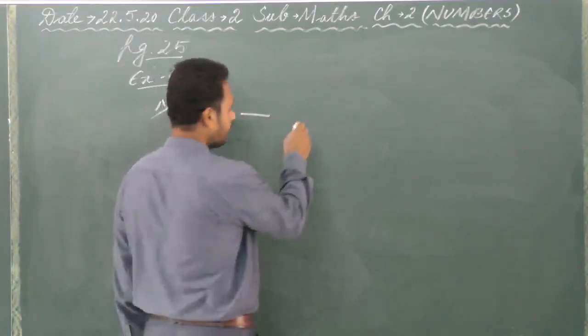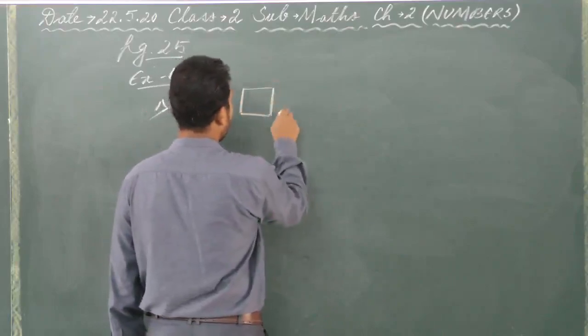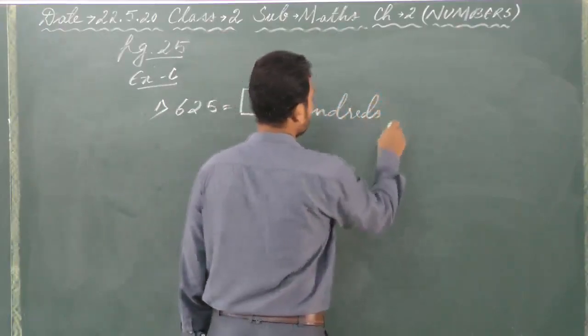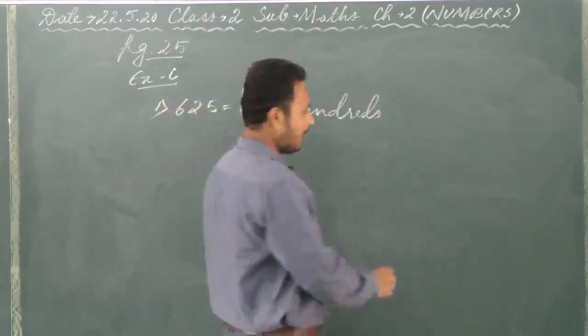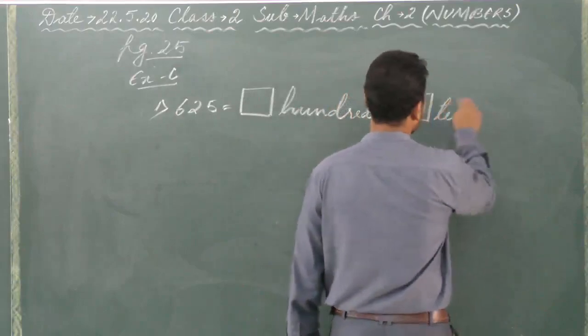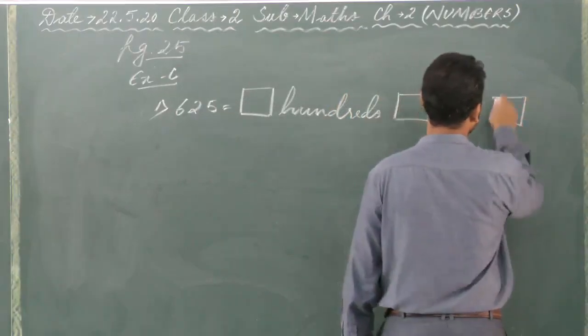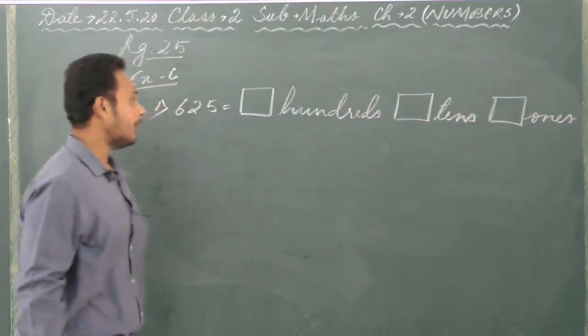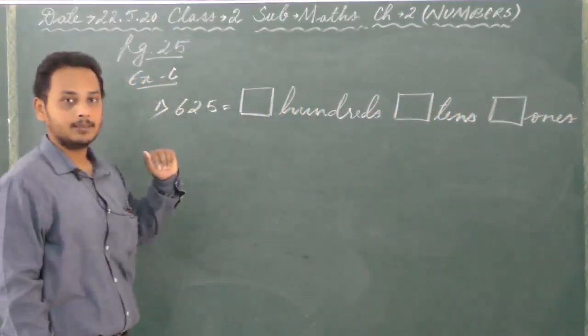Then you have a box with hundreds. Okay. Then we have again a box with tens. And then we have again a box with ones. Okay. What you have to do? You have to expand these numbers.